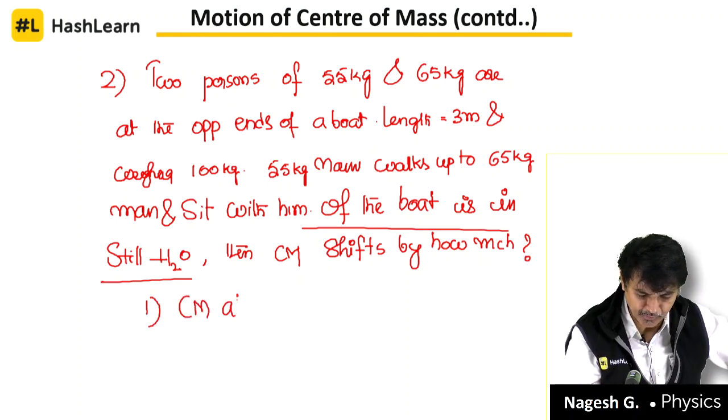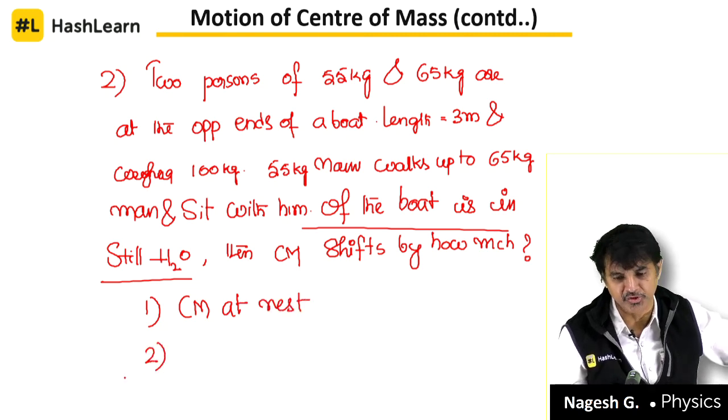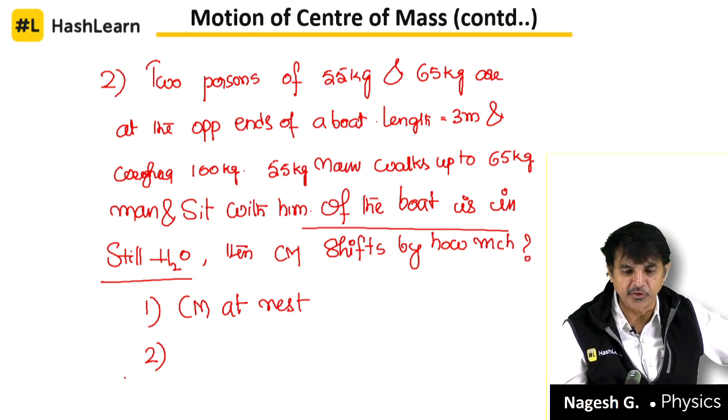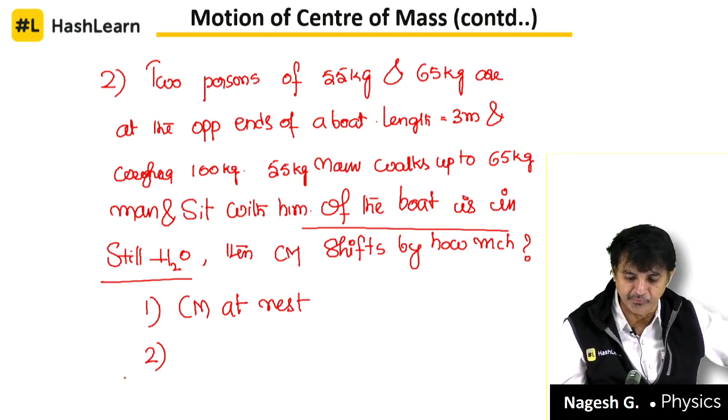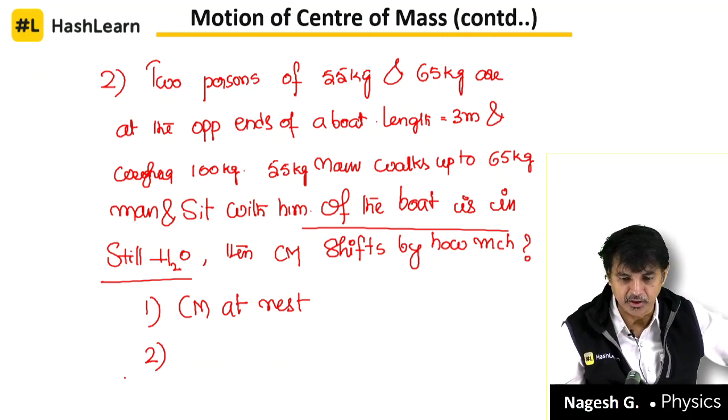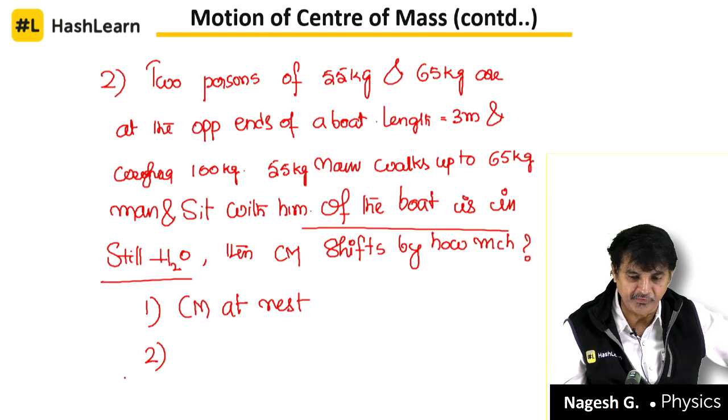Now if one person is moving towards the other person, the center of mass will not worry about it, because as long as external force is not working on the system, the center of mass will remain unaltered. So here initially the center of mass is at rest, it continues its status as rest, so the shift in center of mass will be equal to 0.